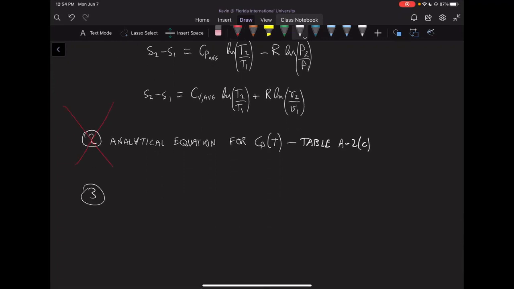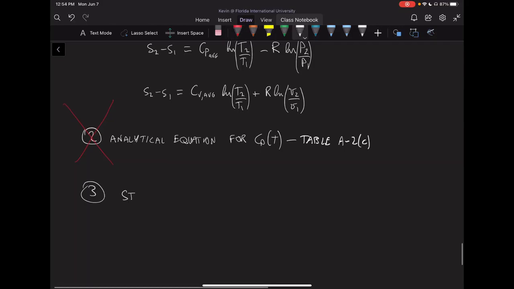Method 3 is using statistical thermodynamics. Using statistical thermodynamics, we can come up with a value for the integral of Cp dT between 0 and a certain other value, for example between 1 and 2, that gives us what the value of the integral would be at every step.